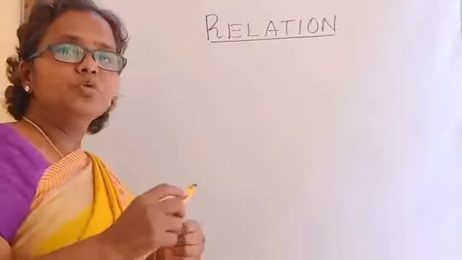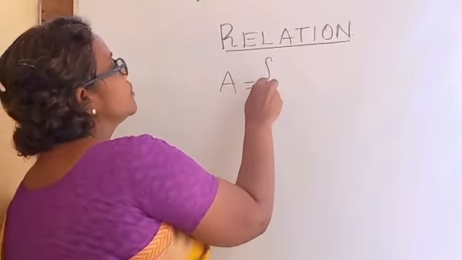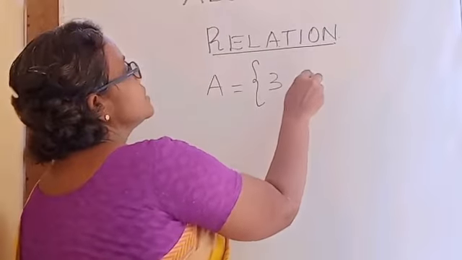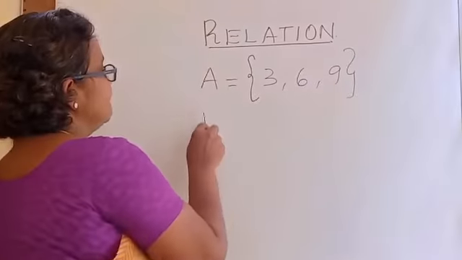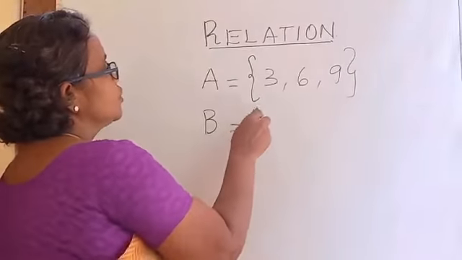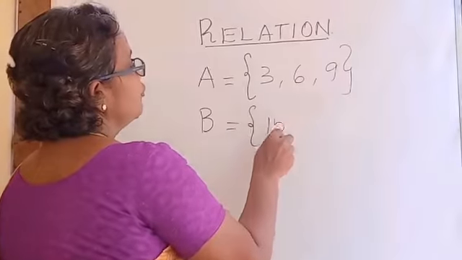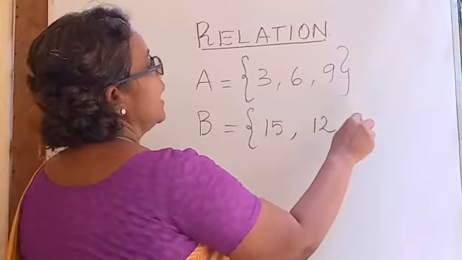Say let's take up two sets. A is equal to 3, 6, 9. B equal to 15, 12 and say 81.